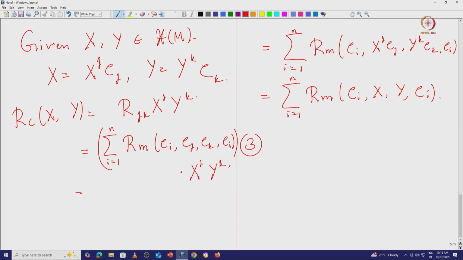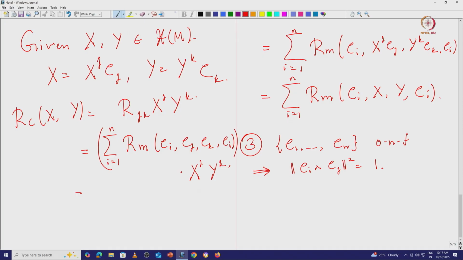For the third part, note that we are now assuming again that this is an orthonormal frame, which in particular implies that if you take E_i wedge E_j, the norm squared of that is 1, right.